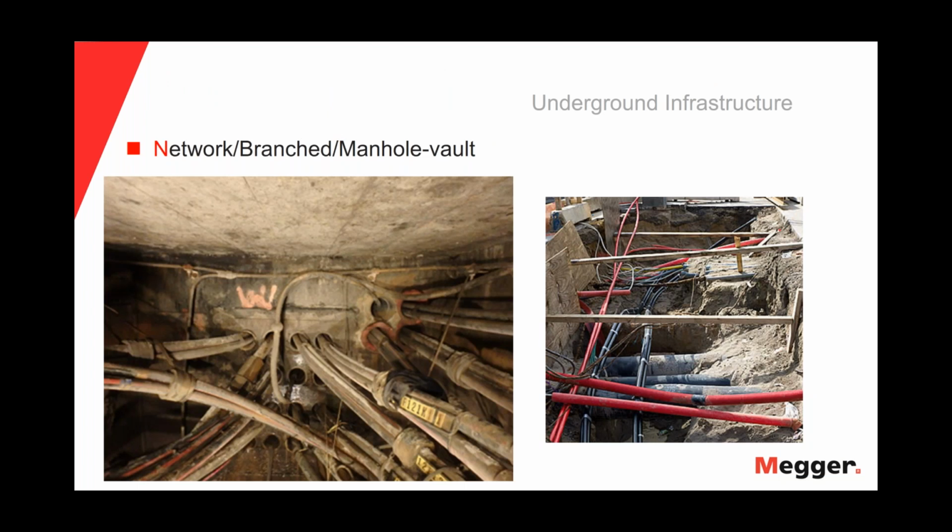Here we have on the left-hand side a picture of multiple conduits and cables. It can be a very complex environment. And if we look at the picture on the right-hand side, even in a trench environment where we've exposed some of the underground infrastructure, it can be extremely complex. Lots of different utilities. You could have all different combinations here.